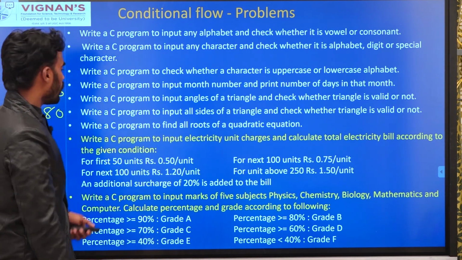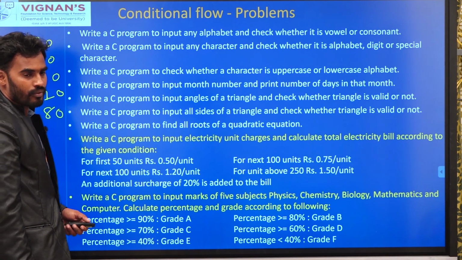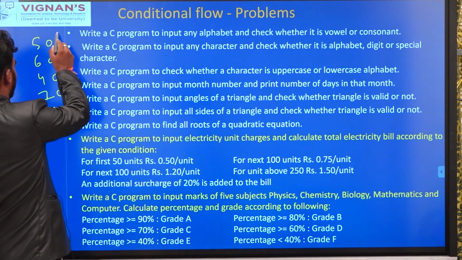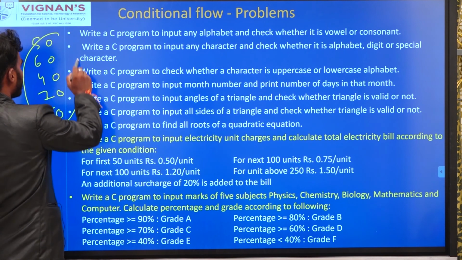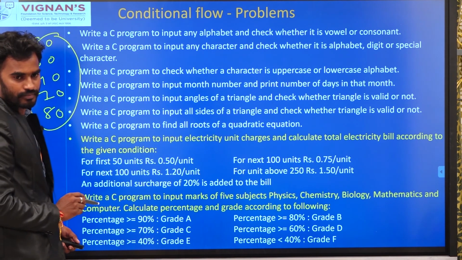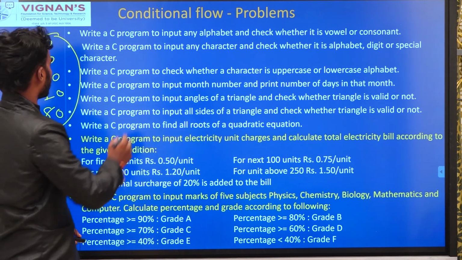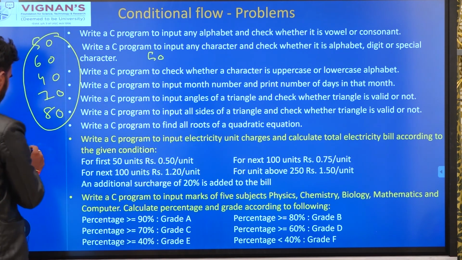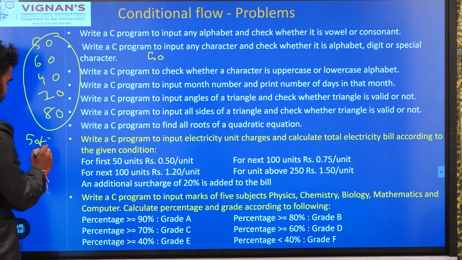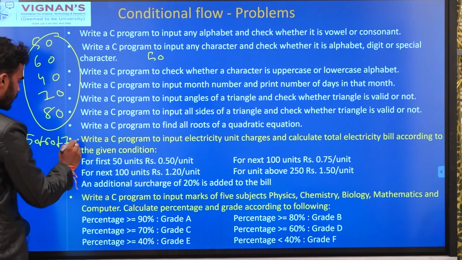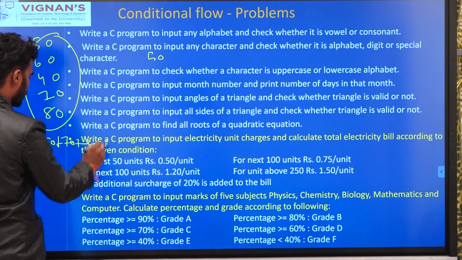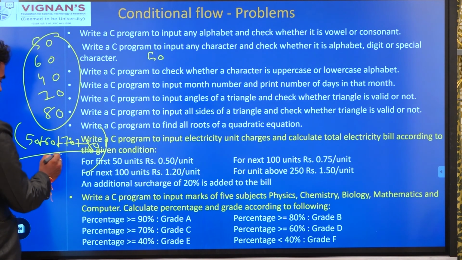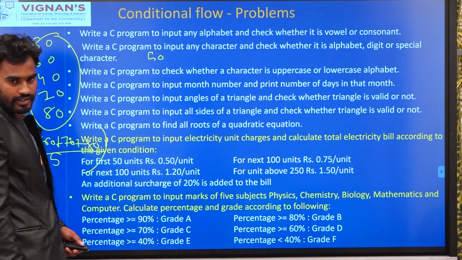So how will you do this? First, from the given marks you have to find the average. The average is 50 plus 60 plus 40 plus 70 plus 80, divided by 5. Find the average.